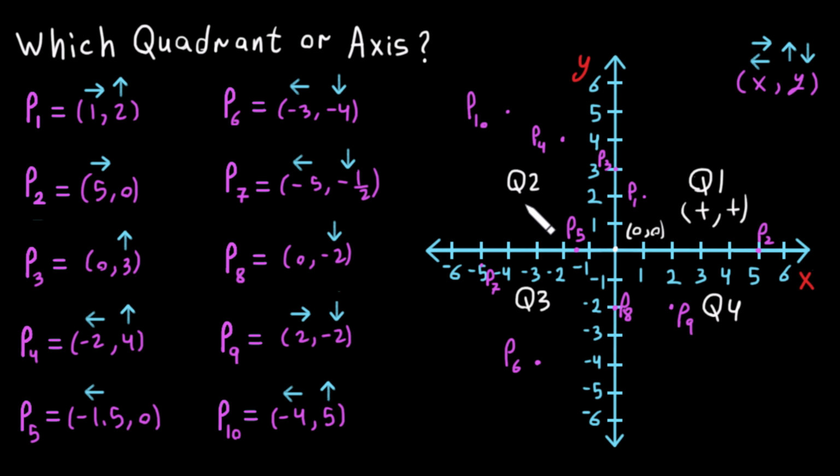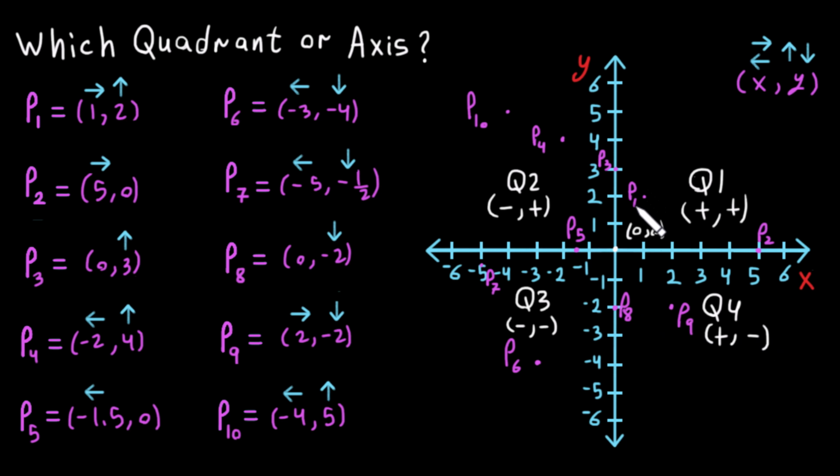The second quadrant is located on the negative x-axis and positive y-axis. The third quadrant is located on the negative x-axis and negative y-axis. The fourth quadrant is located on the positive x-axis and negative y-axis.